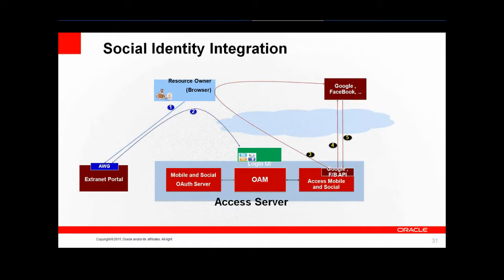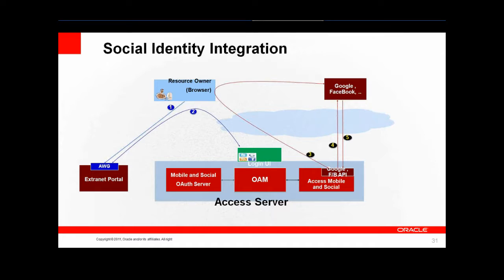So let's look at the mobile device perspective. As I said, you go to a particular resource. It says that hey, it's protected by the social login. So the user gets directed to the login screen where you can pick the social identity, and then it goes back to Google or Facebook or what have you. And essentially, then you get authenticated there.